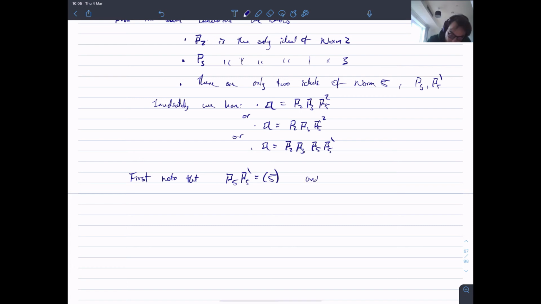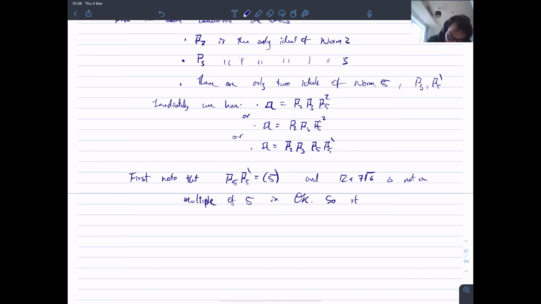And if you think about it, 12 plus 7 root 6 is not a multiple of 5. You have to be slightly careful here, because you can't just check the coefficients.